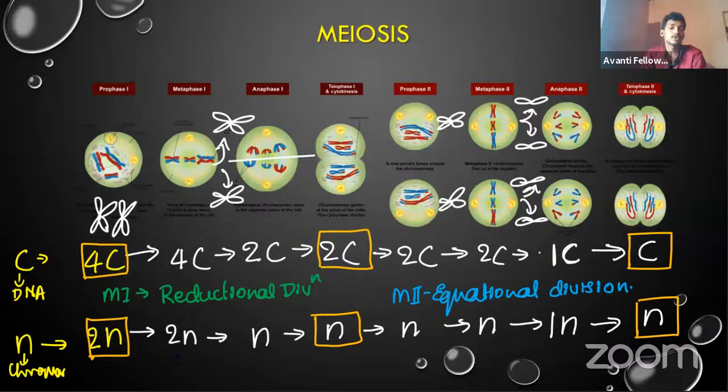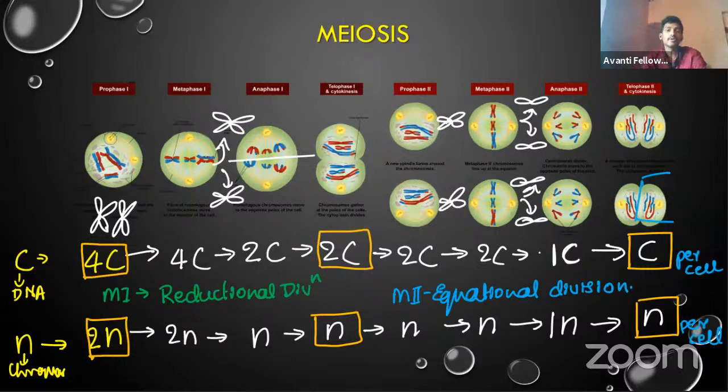That's why, based on the chromosome number, we gave the different names. Whatever I wrote here is only per cell, even in the anaphase. Per cell means a daughter cell. That's why these kinds of names are given.